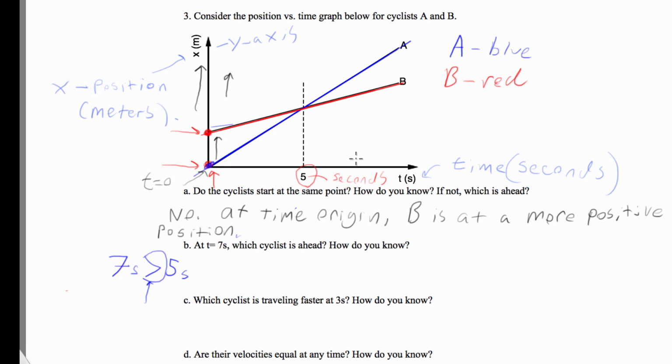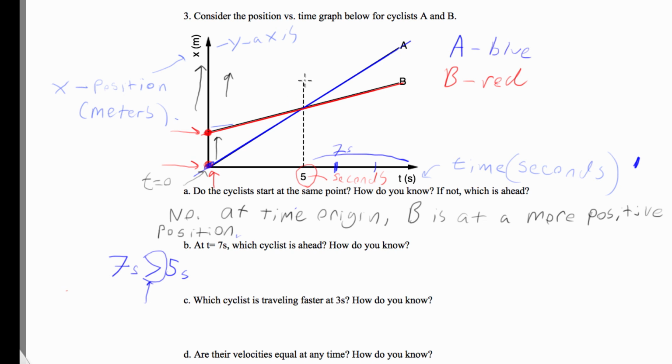So on the graph, I could say that 7 seconds is going to be somewhere around here. I could put in a point if you want to. Conceptually it's fine, but it could be here, it could be here, 7 seconds could be way over here. We don't know, but I know that it happens after 5 seconds.